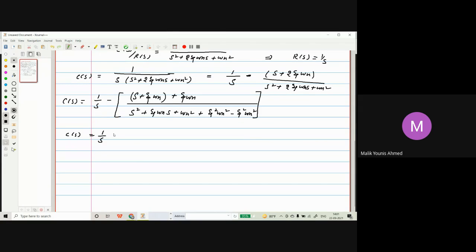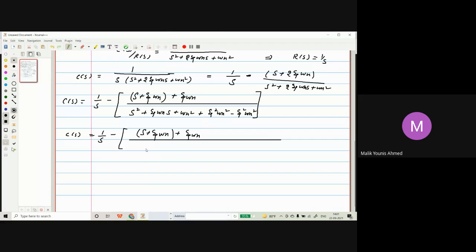1 by s minus, okay. So this term I will keep as it is, xi omega n plus this I will also keep like this, divided by this s square plus first, second term, and plus xi square omega n square will make a perfect square.